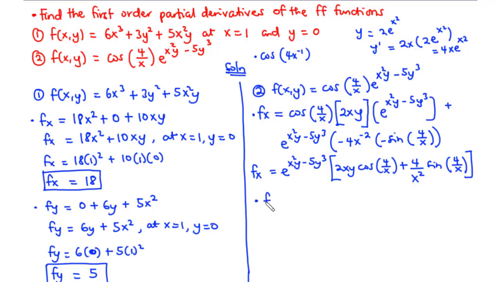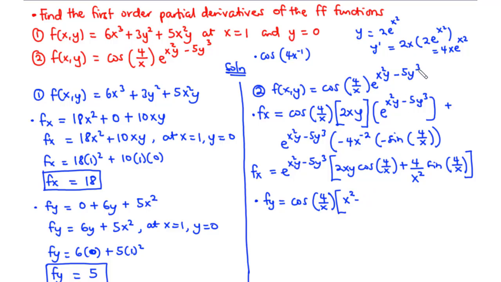So for fy, as usual, we are going to hold one function, so cos 4 over x, and then we differentiate the other with respect to y. So we are going to differentiate this with respect to y. We differentiate the exponent. When you differentiate y, you have 1, so 1 times x squared, that becomes x squared. Here you have negative 5y cubed.